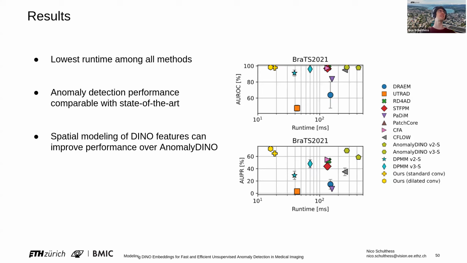I mean, these methods kind of combine memory bank methods with image reconstruction methods. From what I've seen, also recently, I haven't seen too many works using vector quantization or codebooks.